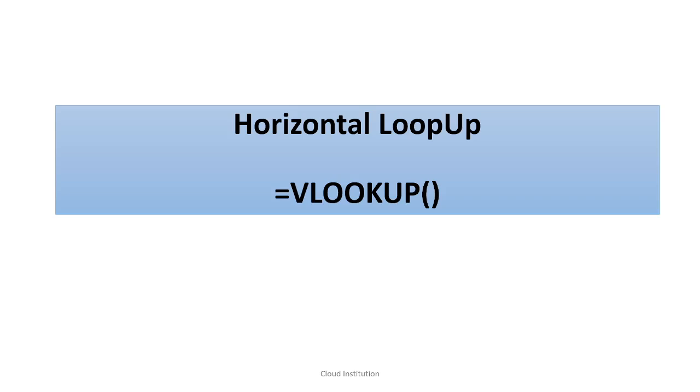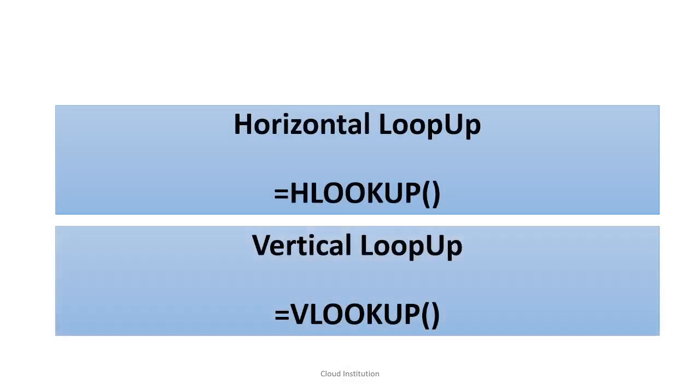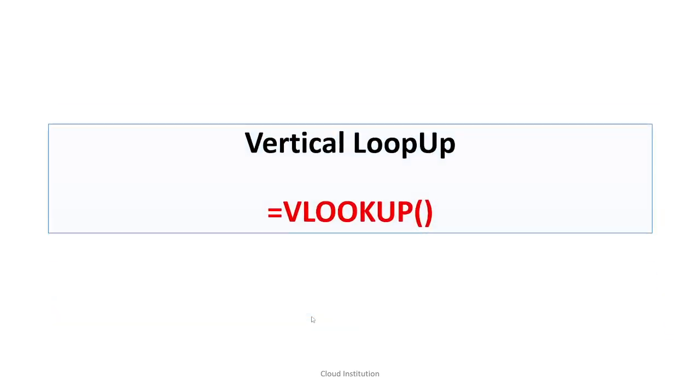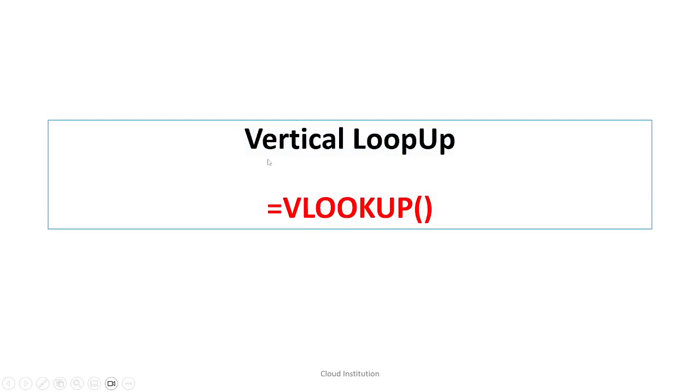One is the horizontal lookup, and then we have the vertical lookup. The word starts with H for horizontal lookup, and for vertical lookup we have a V, right? So let's look at vertical lookup and understand how it works.